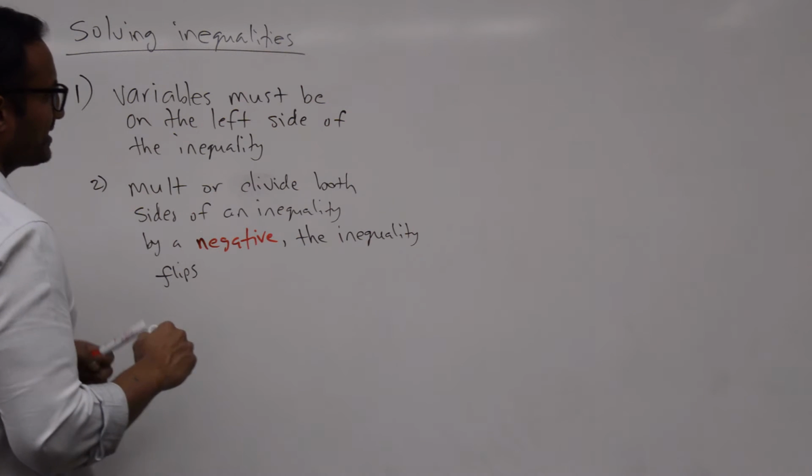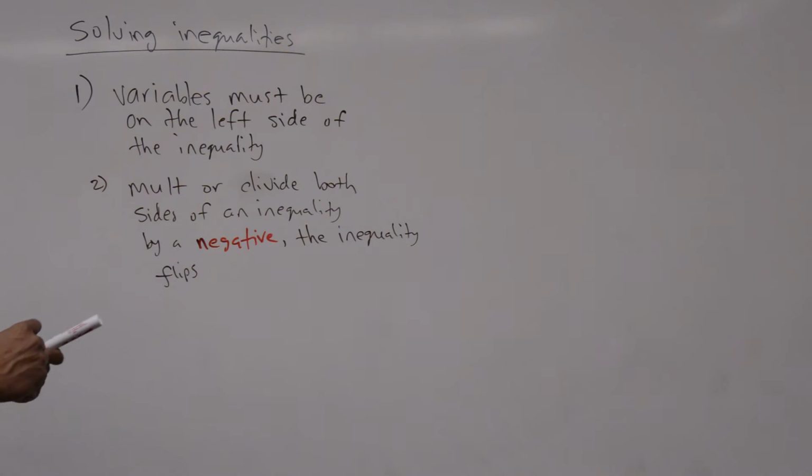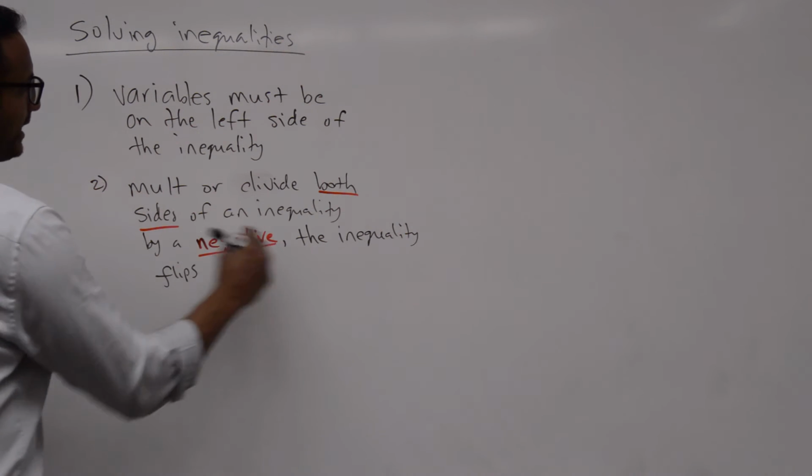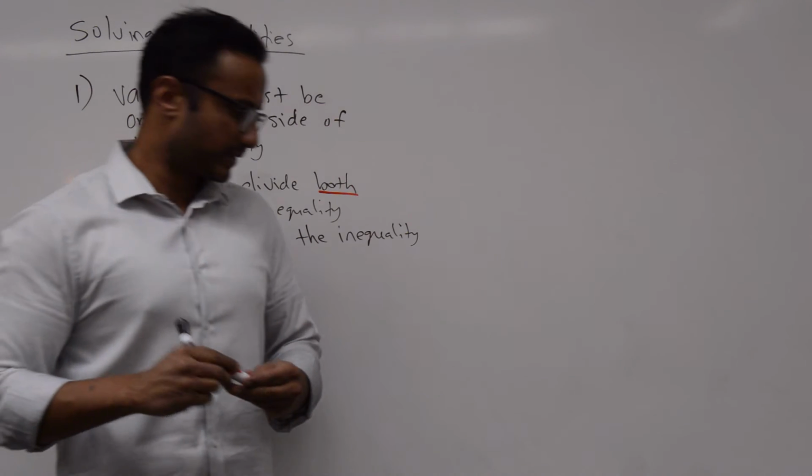That means if it's a less than, it becomes a greater than. If it's a greater than, it becomes a less than. So keywords: you multiply or divide both sides by a negative, then the inequality flips.